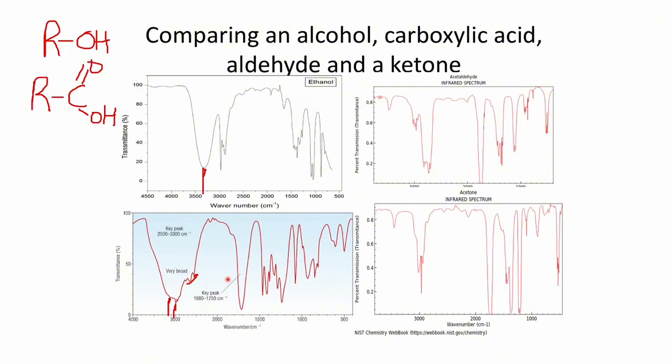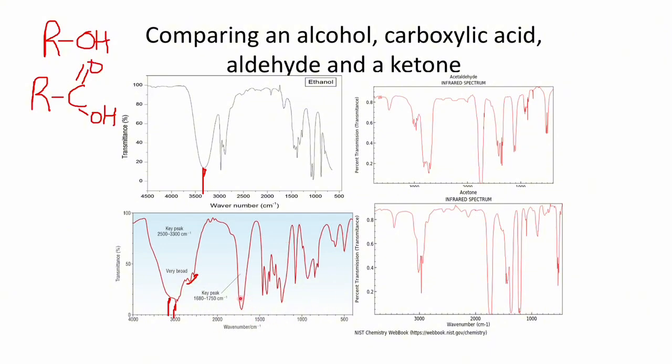Now continuing on with your carboxylic acid, in addition to your OH group, you also have that carbon double bonded to oxygen peak. To your left here is typically your band region, and over here is typically your fingerprint region.